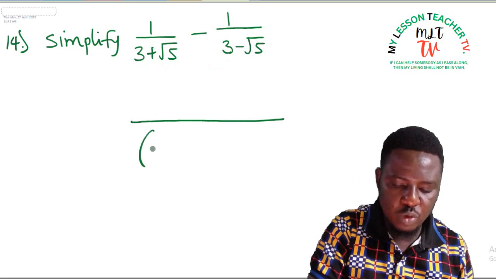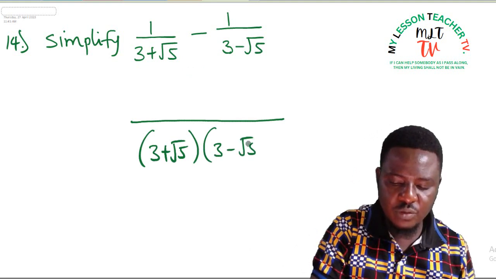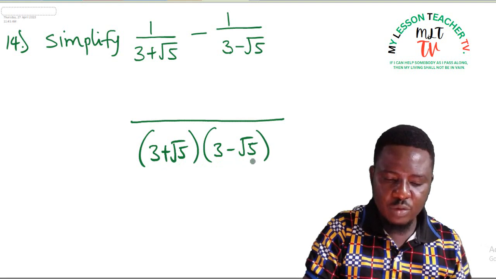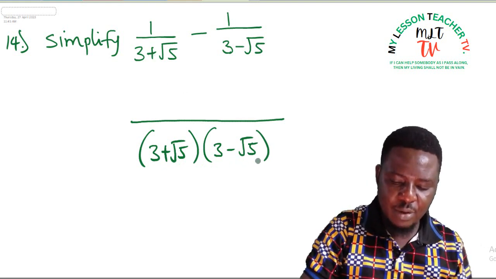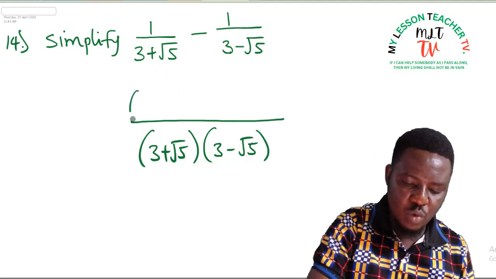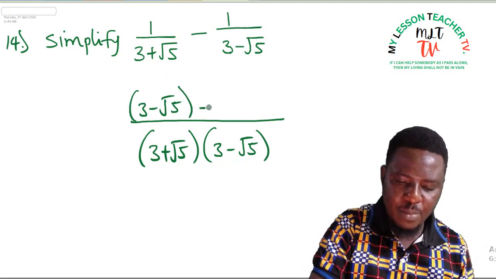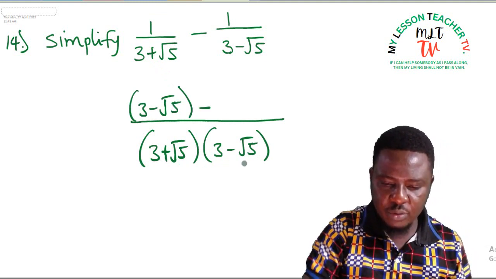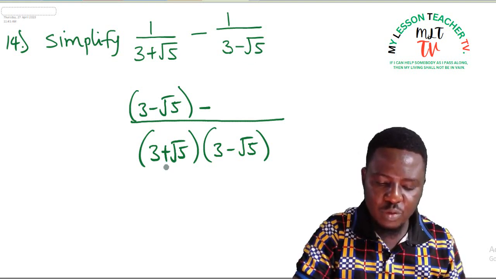So this can be said to be equal to 3 plus root 5 times 3 minus root 5. So 3 plus root 5 times 3 minus root 5 divided by 3 plus root 5 will give us 3 minus root 5. And 3 minus root 5 times 1 is said to be 3 minus root 5 minus, do same, 3 plus root 5 times 3 minus root 5 divided by 3 minus root 5 is said to be 3 plus root 5.